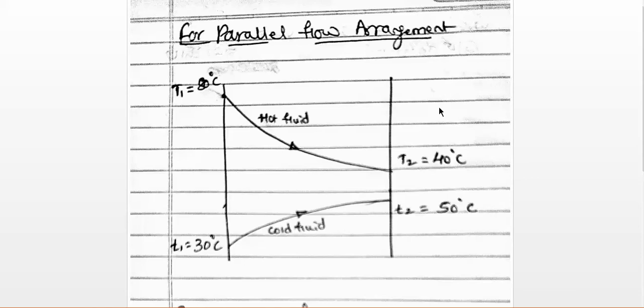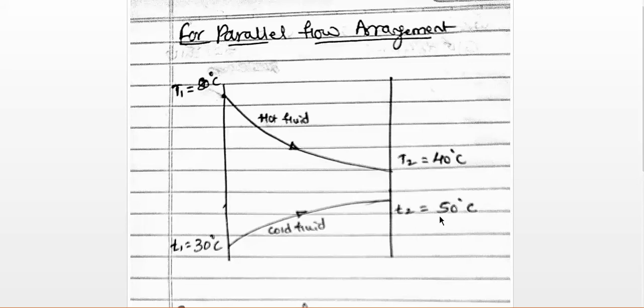We are discussing which should be the most feasible heat exchanger. First we will go with the parallel flow heat exchanger. T1 is 80 degrees Celsius and T2 is 40 degrees Celsius for the hot fluid, and for the cold fluid t1 is 30 degrees Celsius and t2 is 50 degrees Celsius.